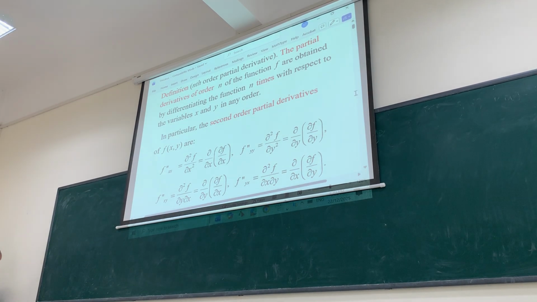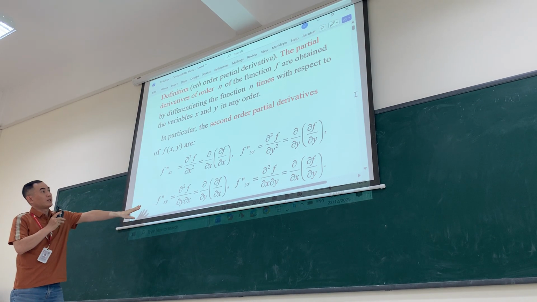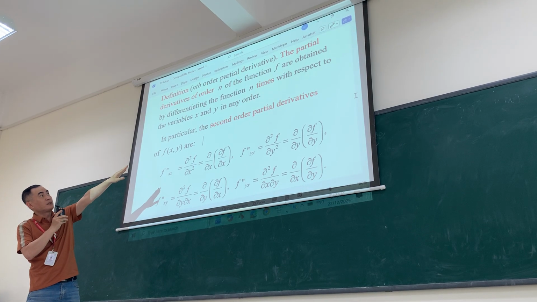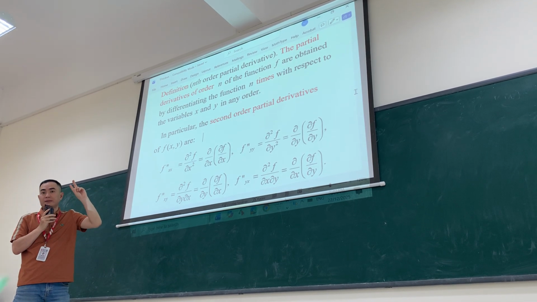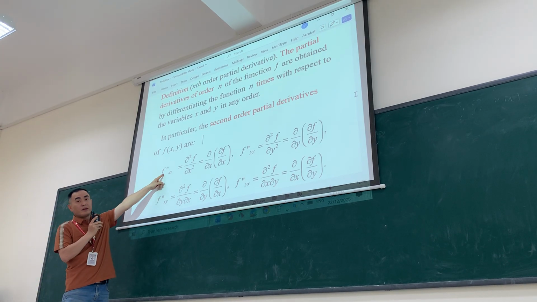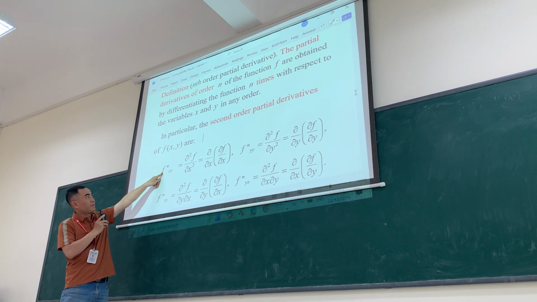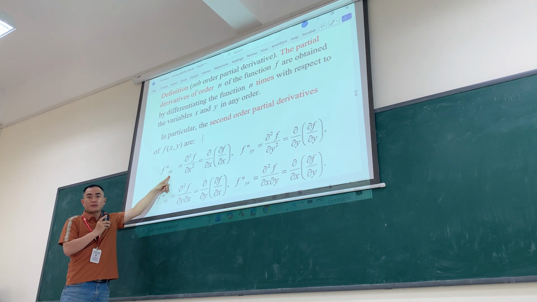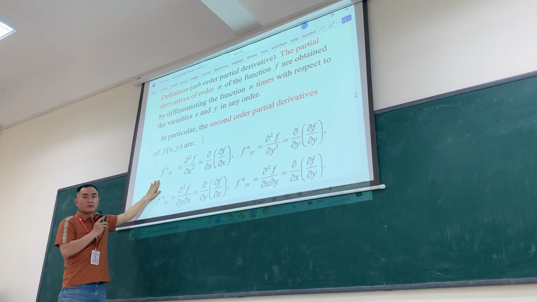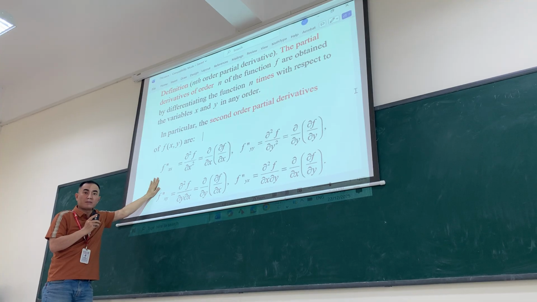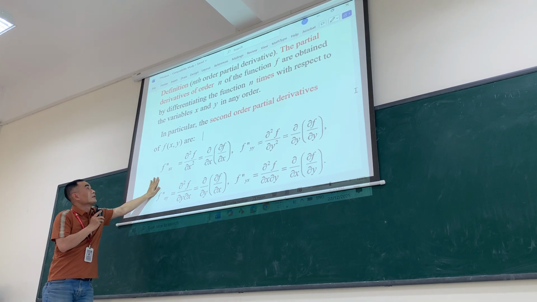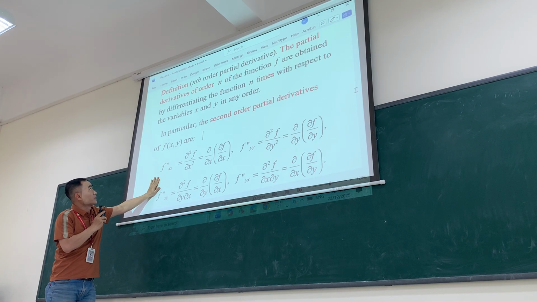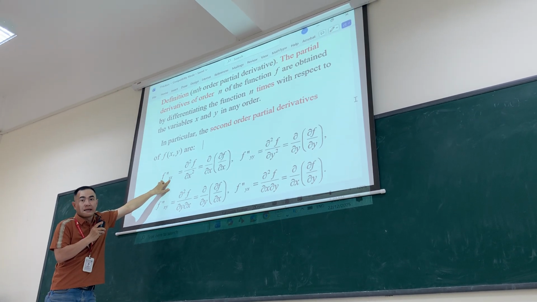Okay, now we must do the second order partial derivative. Does that mean we differentiate the function two times? Twice. Now we can see f double prime xx. Does that mean we must do the second order partial derivative of the function f with respect to x?